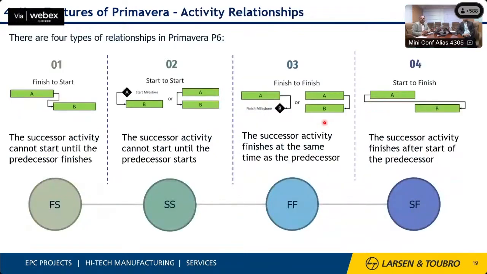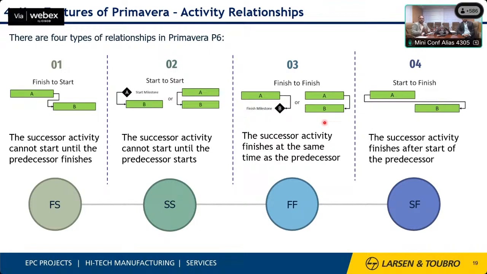In the program, we have four kinds of relationships which allow us to schedule: finish to start, start to start, finish to finish, and start to finish. Finish to start means once one activity finishes, the other is going to start. Similarly, start to start means once one activity starts, the other also starts.